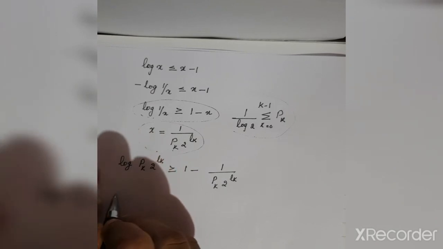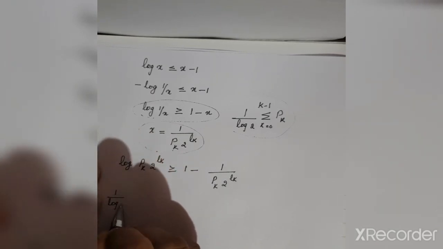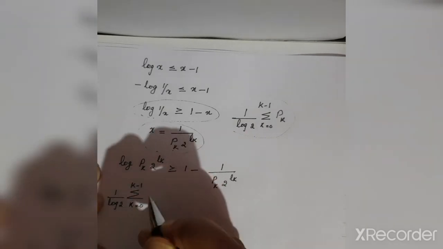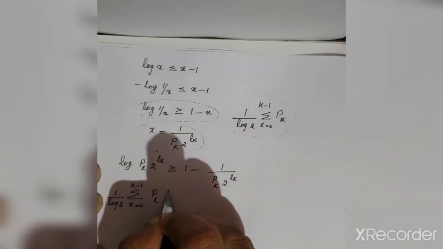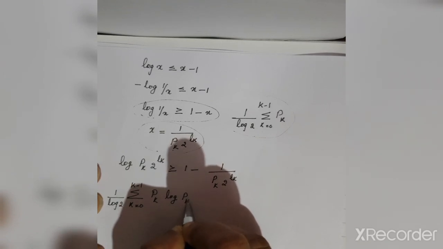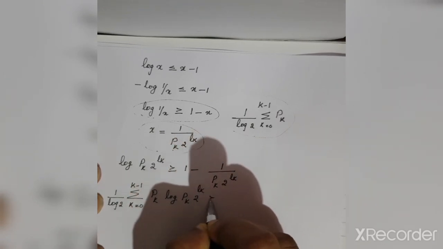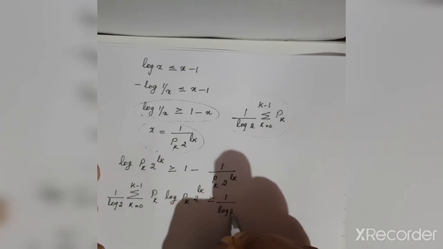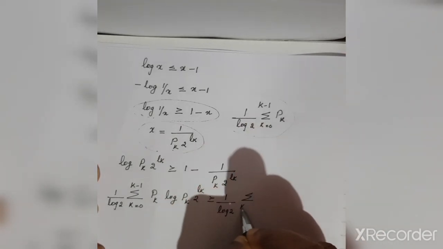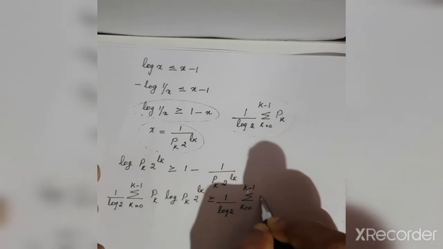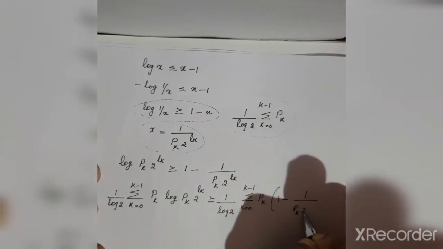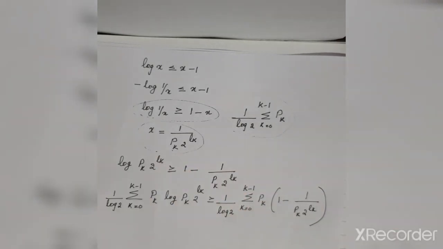So it becomes 1 by log 2 summation over k equal to 0 to K minus 1 of pk into log pk 2 raised to lk, greater than or equal to, again, 1 by log 2 summation k equal to 0 to K minus 1 of pk into 1 minus 1 by pk 2 raised to lk. Okay. Now what is this part?